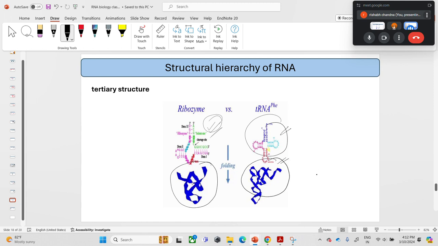The major function of this tertiary structure is that it will have a particular site where the substrate will come, and it will be broken down into the product.